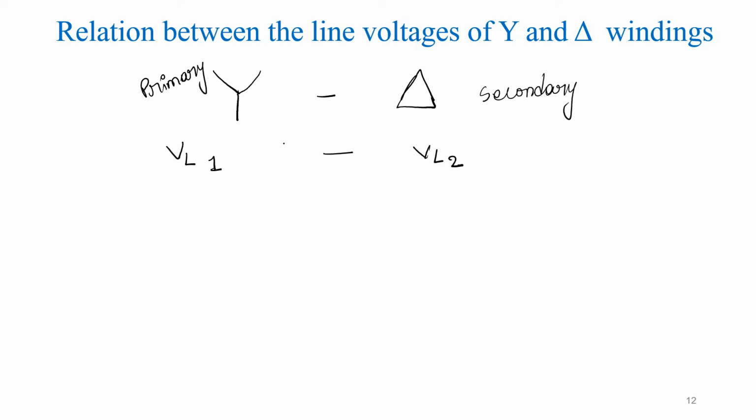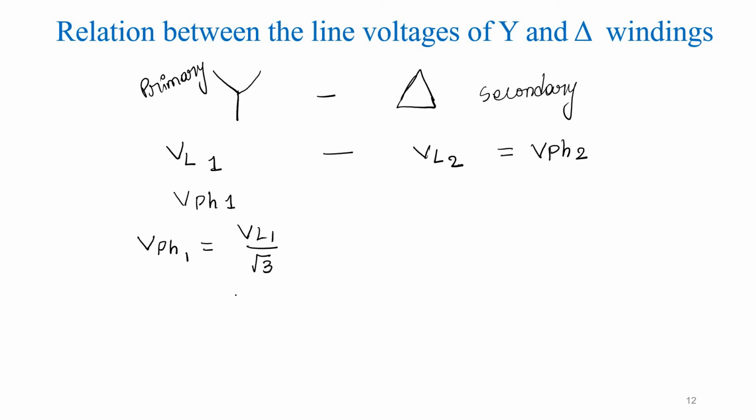Now, in a star connection, we know the line voltage is not equal to the phase voltage. Let us consider the phase voltage as V phase 1. In delta connection, we know the line voltage is equal to phase voltage. So we can give V phase 2. We know the phase voltage is equal to line voltage by root 3.